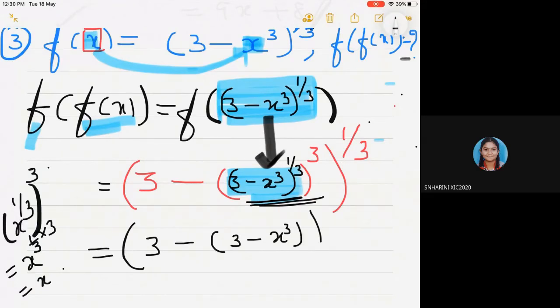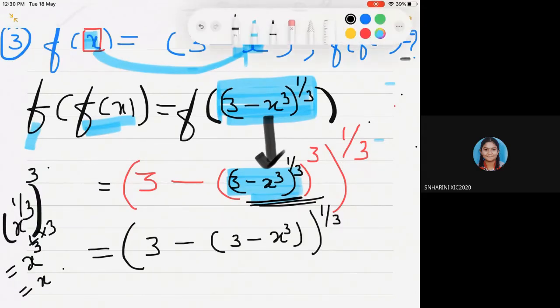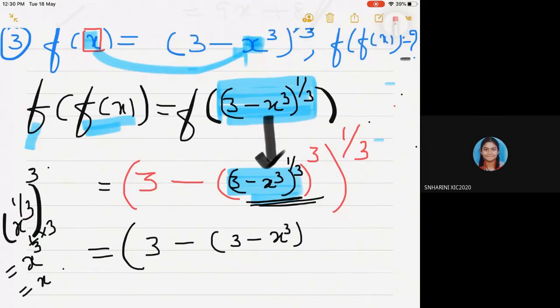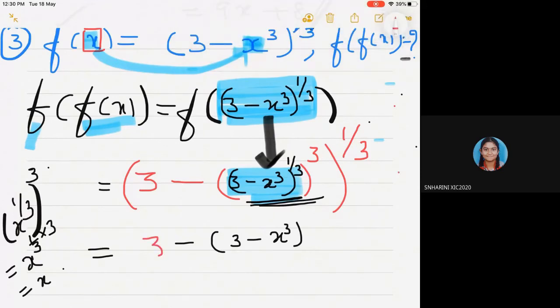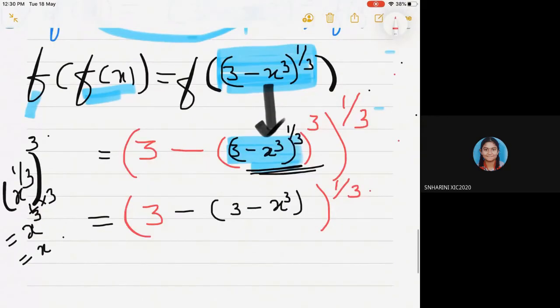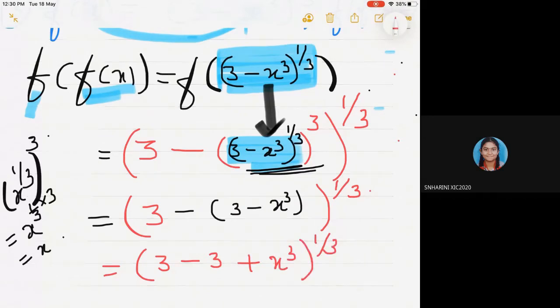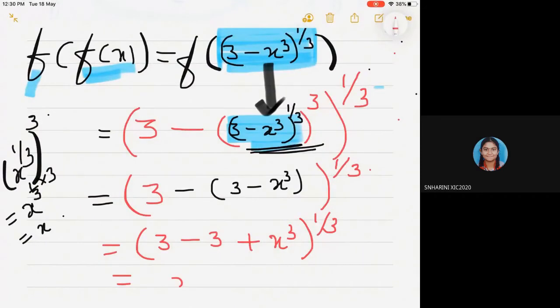Then there is another raised to 1 by 3. So now it is equal to, opening this bracket, 3 minus 3 plus x cube raised to 1 by 3, and that becomes x cube raised to 1 by 3, and it is equal to x.